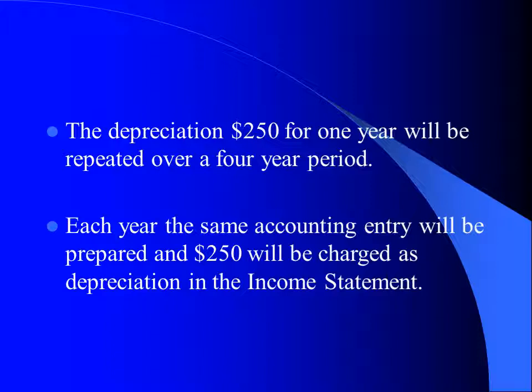In this case, the life of the asset is 4 years. So $250 will be charged as depreciation for year 1, again for year 2, again for year 3, and finally for year 4. So each year we'll prepare an entry for $250 as depreciation for the year.